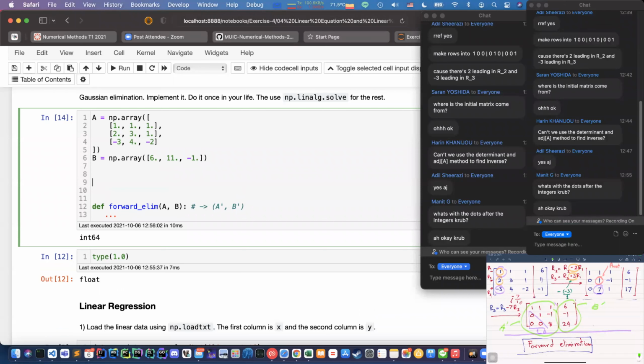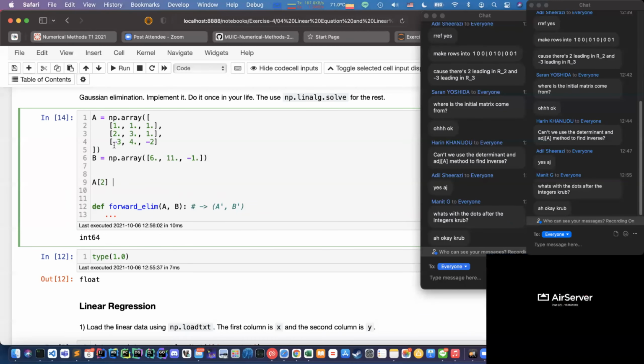Okay. Another thing that we can do. For example, I can say, can you add row number 2 for me? So A2, the row number 2 is this guy, right? Row number 2 is A2 plus 2, let's say plus A0. Let's say I add 2 rows and put it in A2.